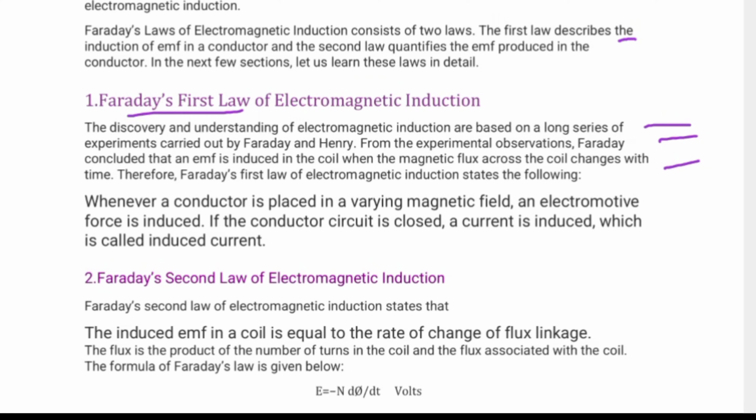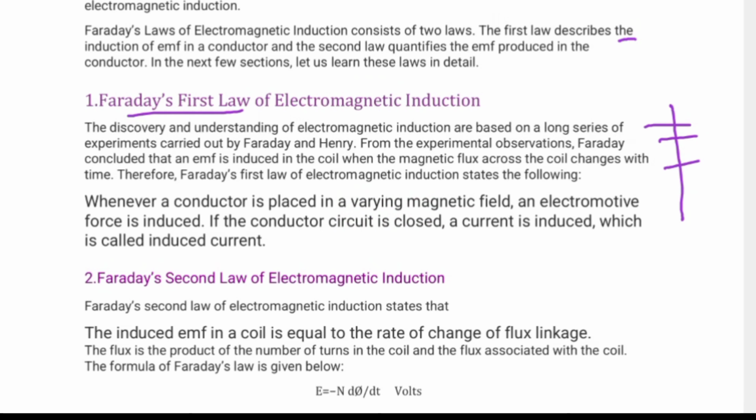Therefore, Faraday's first law states that whenever a conductor is placed in a magnetic field, an electromotive force EMF will be induced. That's why it is called Faraday's laws of electromagnetic induction.